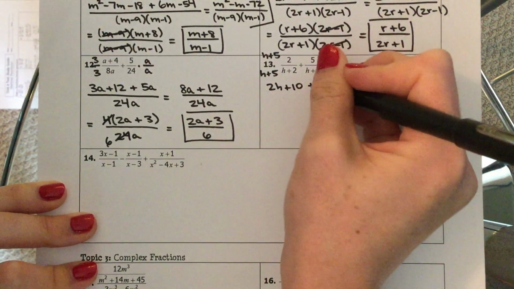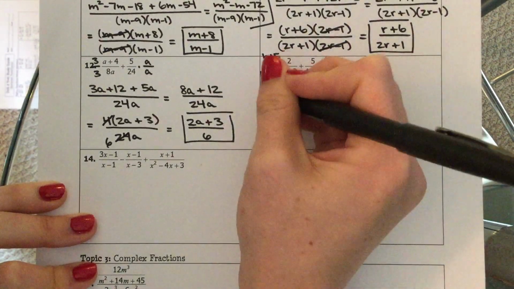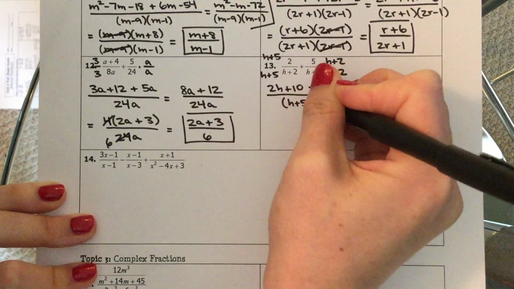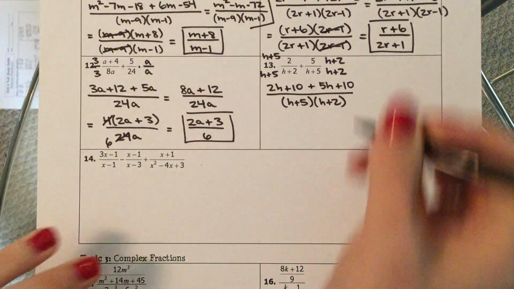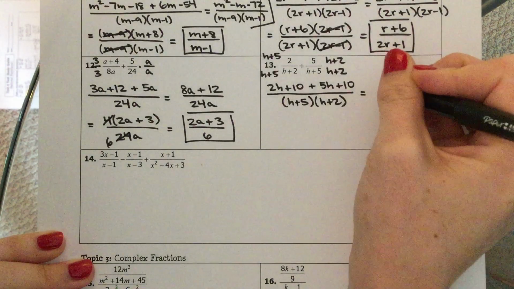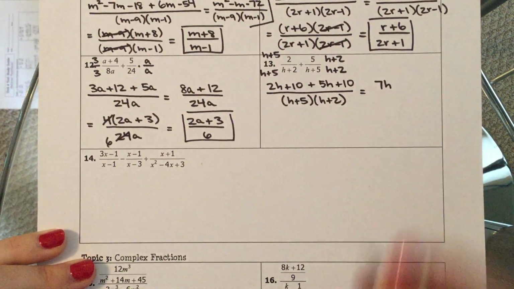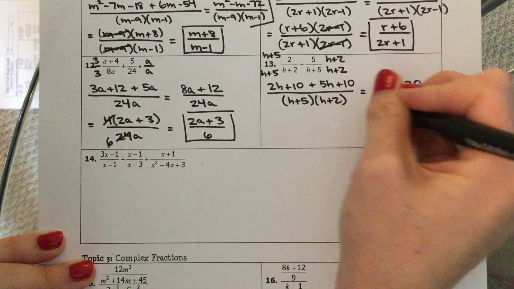On the right, distribute the 5 to the h plus 2. And then over the common denominator, which for right now I'm just going to leave in its factored form, like that. Combine like terms in my numerator, 2h and 5h is 7h, and then 10 plus 10 would be 20 over my common denominator.